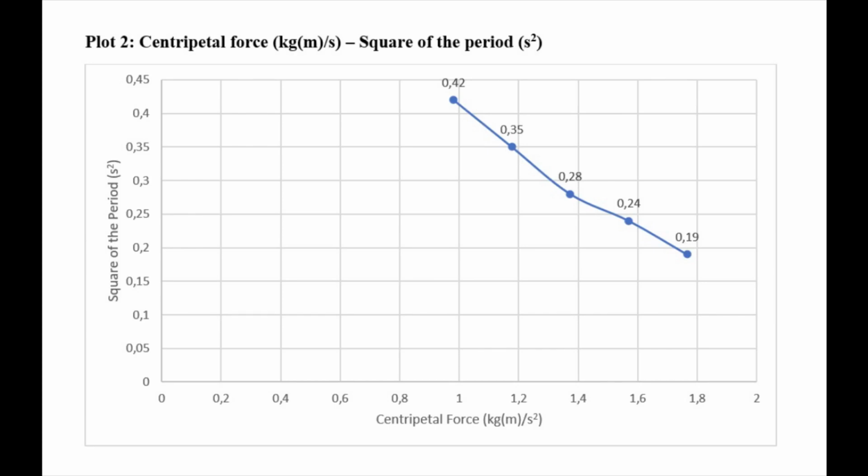This confirms that while other variables are constant, increase in M2 results in decrease of the period because square of the period is inversely proportional to the centripetal force.